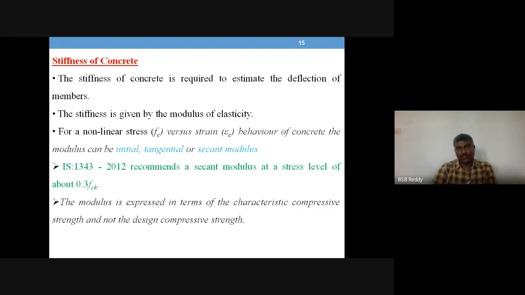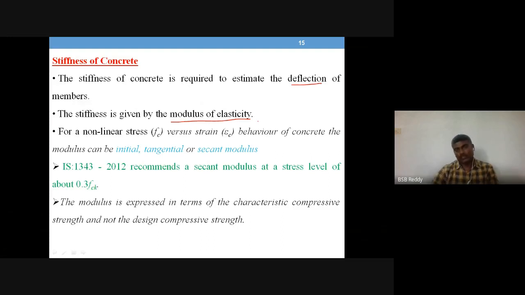So this is what we call the property stiffness. The estimation of stiffness is required to find the deflection of a member, and the stiffness is measured in terms of modulus of elasticity of concrete.